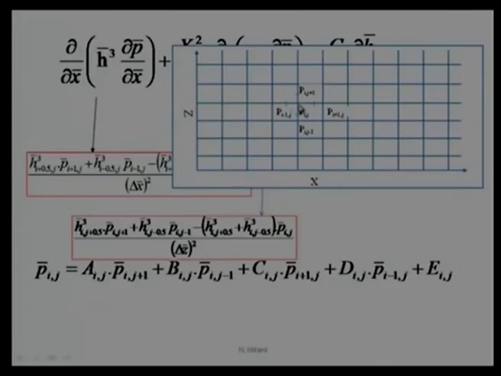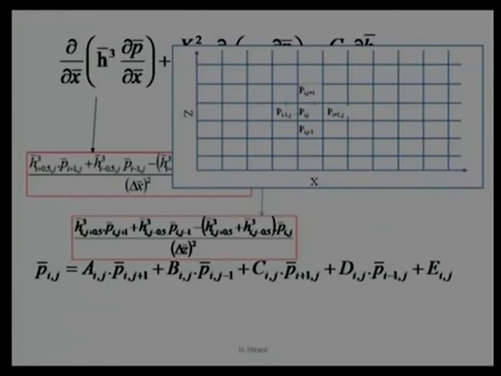If I need p I j somewhere here, I am taking the result of p I minus 1, the result of p I plus 1, the result of p I j minus 1, and the result of p I j plus 1 to evaluate what p I j will be. And these are the half node points where we need to find the film thickness. As I said, the film thickness calculation is not a problem because it is geometry dependent, and geometry is given as a continuous function.